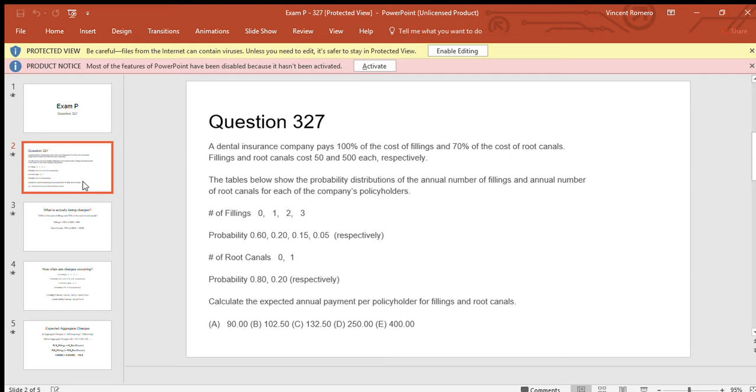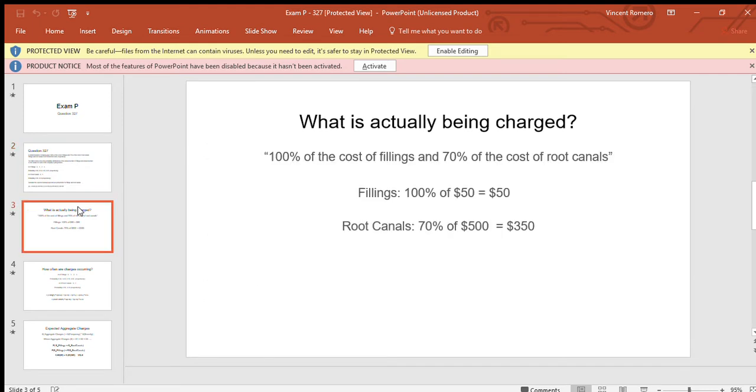So the first thing that I like to do when I approach a question like this is think, well, what is actually being charged here? The question says that 100% of the cost of fillings, and 70% of the cost of root canals.